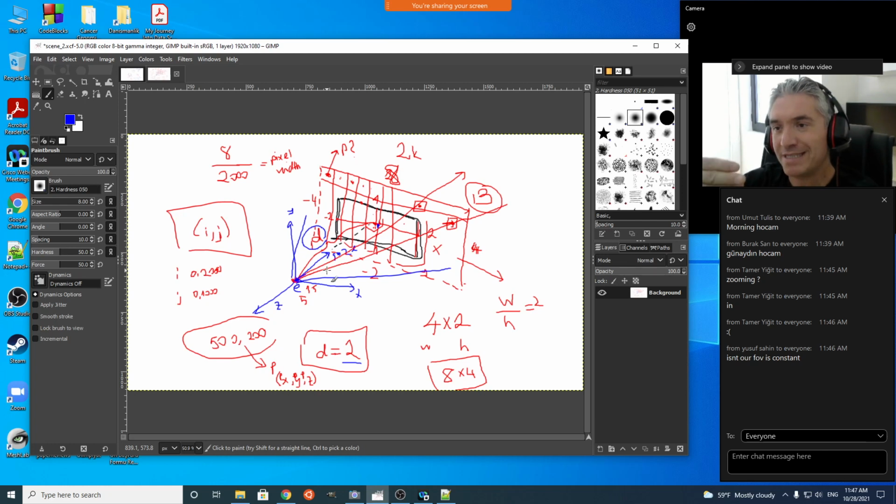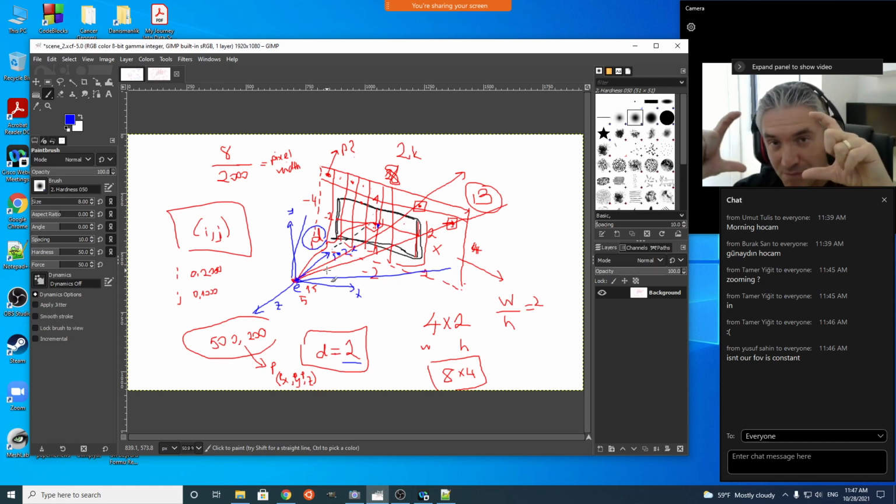Just imagine you're seeing the whole world with this small window and you're getting this window closer to you, you're seeing more of the world within that same window size. Which means that if you just focus on the image you get on that window, actually you're zooming out. Here you're seeing more of the scene, which means you're zooming out.